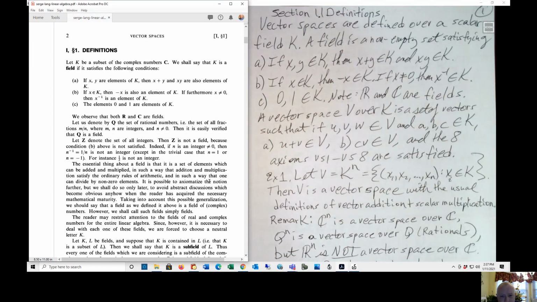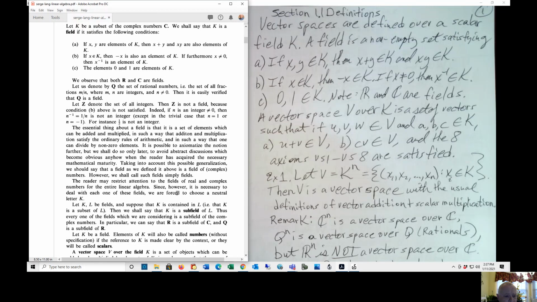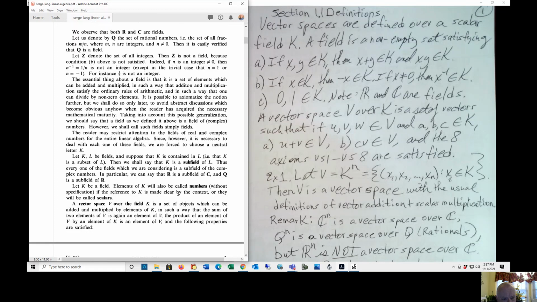Now, that's all we really need to know about what is a field. Again, if you want to know more about what a field is, you would probably take more about that in grad school. But in linear algebra, we may restrict our attention to either the real numbers or the complex numbers.